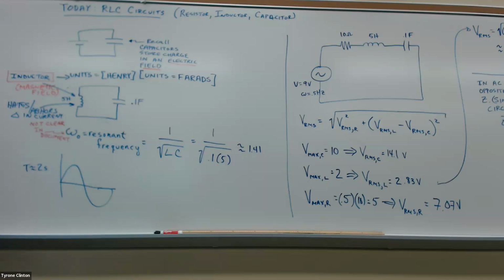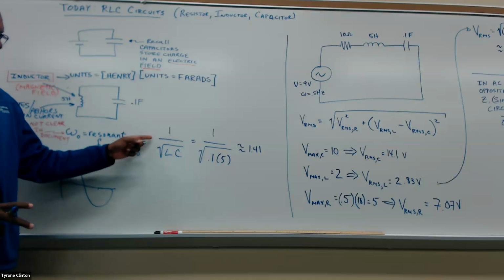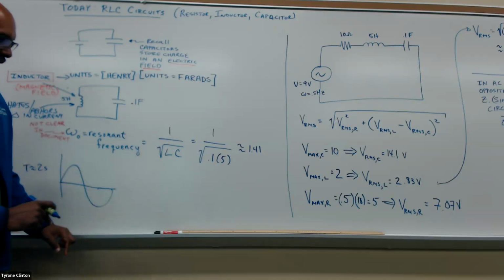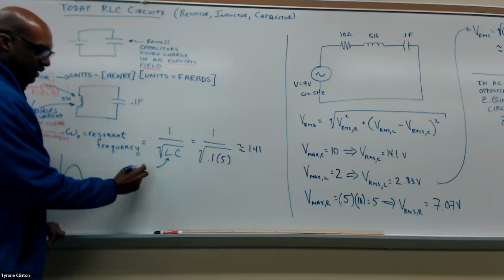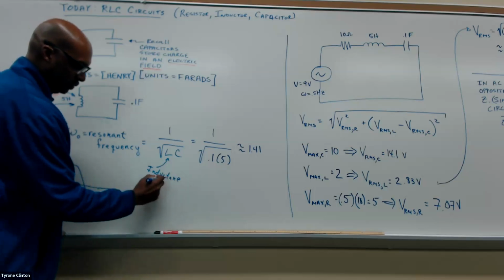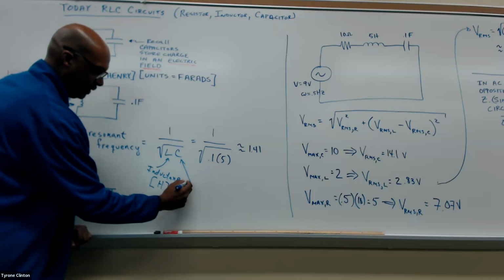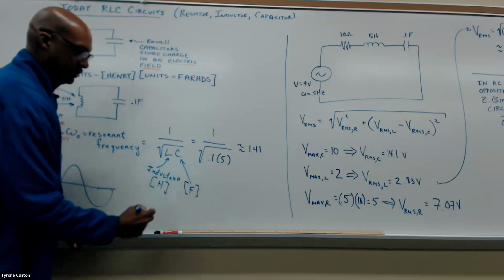Okay, so we're going to also talk about something called resonant frequency, and we'll get a little bit more into that. But by way of a mathematical process, we need to know how to calculate it. The resonance frequency is found by taking 1 over the square root of the inductance, which is in henries, multiplied by the capacitance, which is in farads.